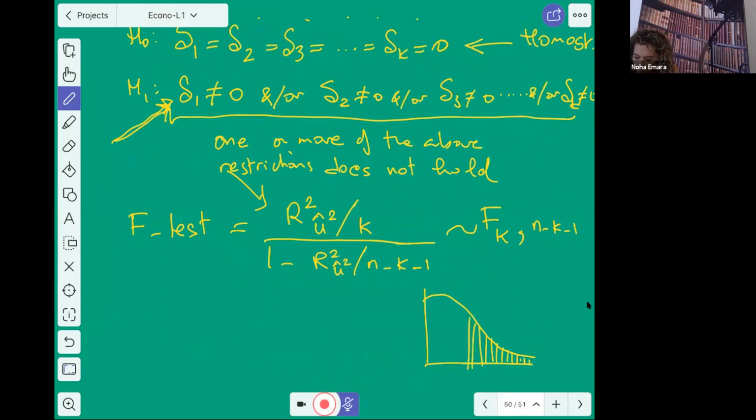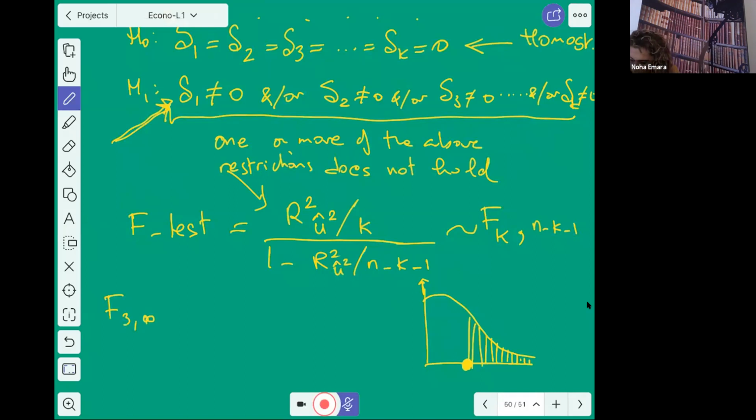Okay, so for the F statistic, we need to refer to the table to get the critical value. Suppose I have, for example, 3 X's and a large sample size, infinity.